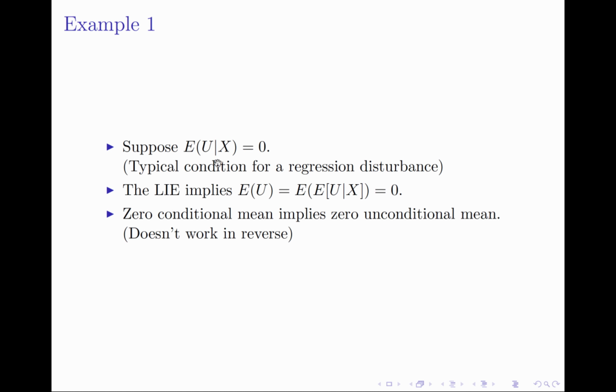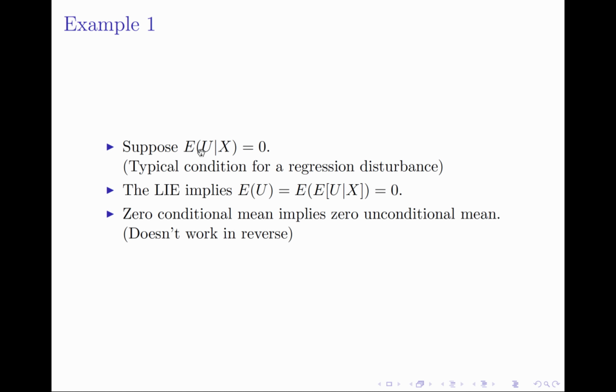I've chosen the u and the x notation deliberately because u is meant to remind us of a regression disturbance, like we saw in that wages example a minute ago. And x is meant to remind us of an explanatory variable in a regression. A typical condition that we assume for a regression disturbance is that it has a zero conditional mean given the x's.